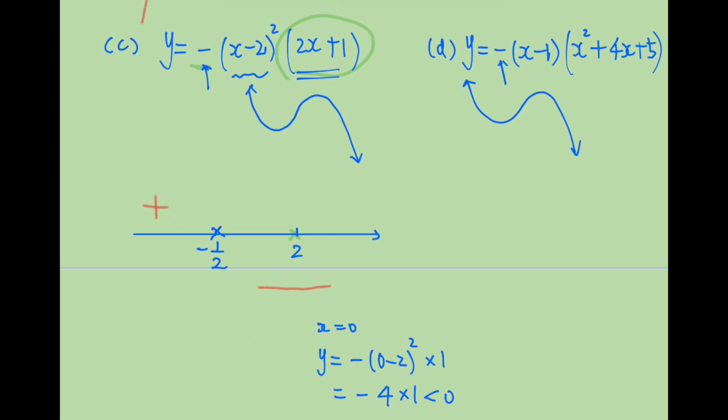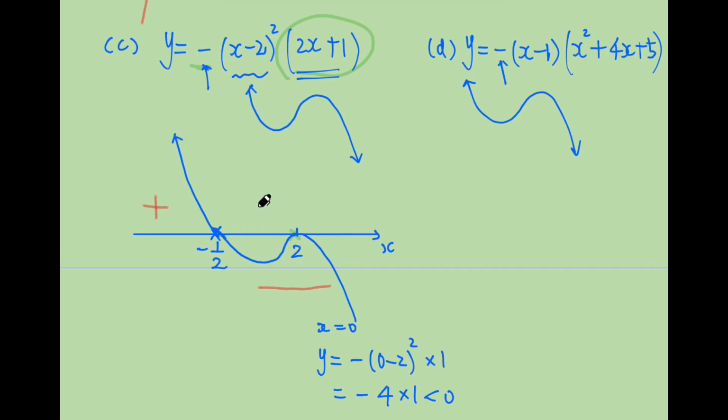Then we are going to sketch the graph, and the graph will cross the x-axis at x equals -1/2. Therefore, it will go down and become 0 at x equals -1/2. Then it keeps moving down, but at some point it goes up and touches the x-axis at x equals 2.